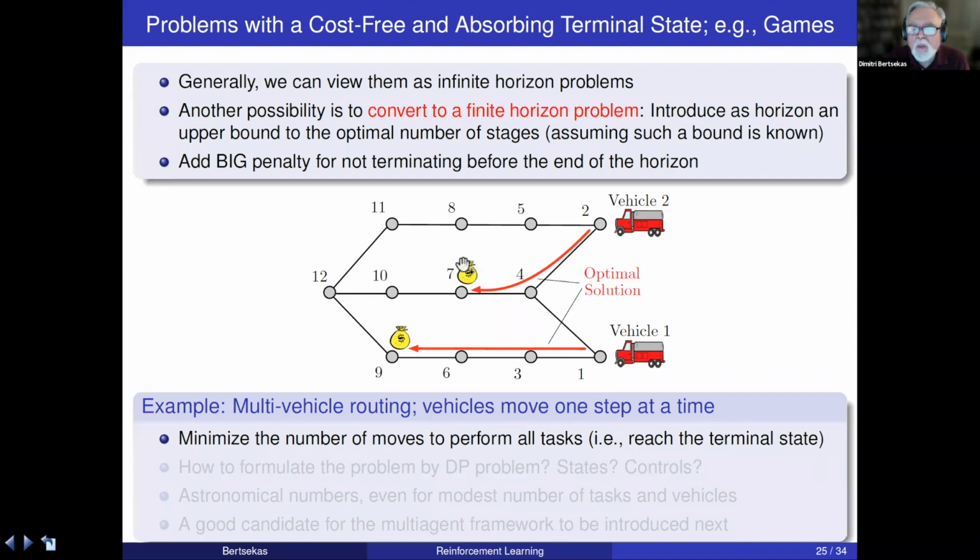The tasks are what you see here with the dollar signs, and there are several of those tasks, and once a task is completed, then you don't have to do it anymore. A task is addressed only once. So after all the tasks are done, you reach a termination state.